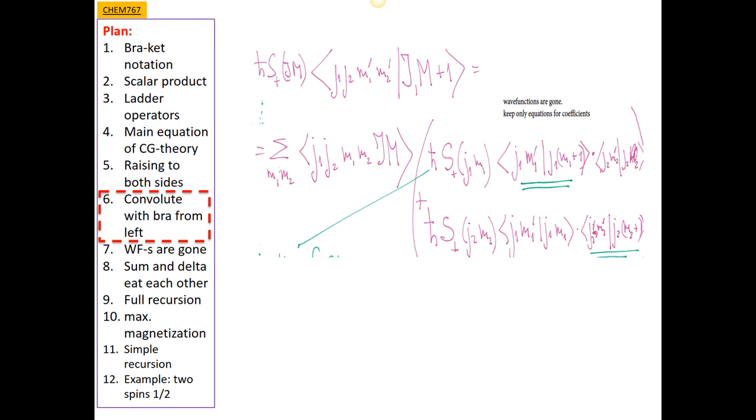Times S plus of j2, m2 prime minus 1. In principle, we are done.